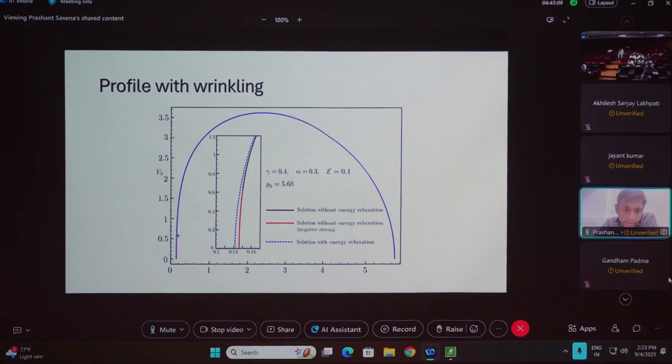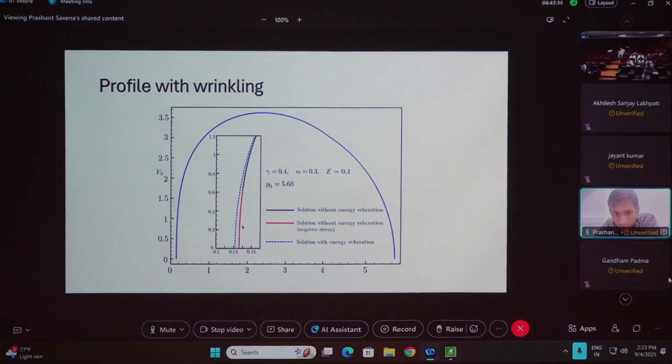It is very hard to see if there is any change at all, but only if you zoom into this zone here on the left side, which I have shown in the big block here, then you can see that the black line is my solution for the usual case where I have not done anything to the problem.